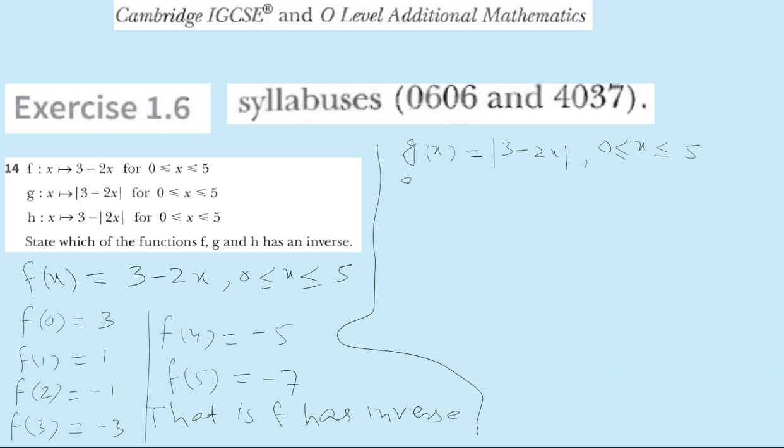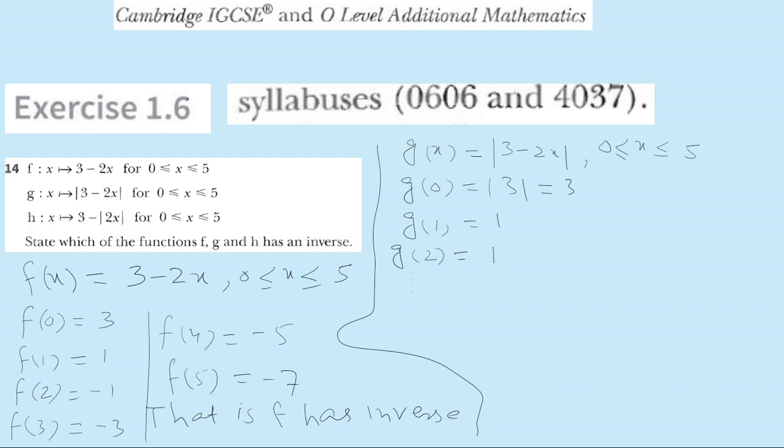Now put values one by one. g(0): 3 minus 2 into 0 is 3, so the absolute value of 3 is 3. g(1): 2 ones are 2, 3 minus 2 is 1, and the absolute value of 1 is 1. g(2): 2 twos are 4, 3 minus 4 is minus 1, and the absolute value of minus 1 is 1.